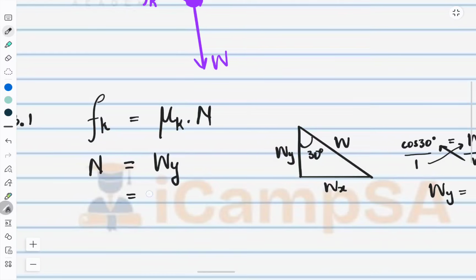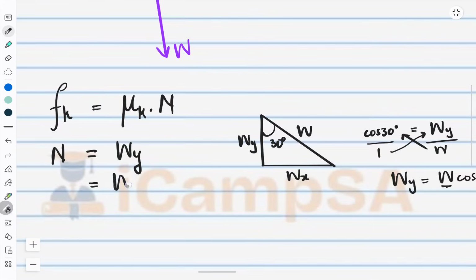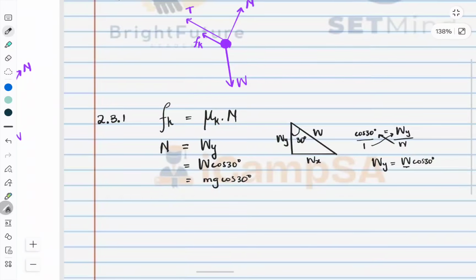We know that this is mg, that's our weight. Or before we get there, it's weight cos 30, which is mg cos 30 degrees. So usually I prefer substituting once whenever I can. I just substitute once and I get the final answer at the end.